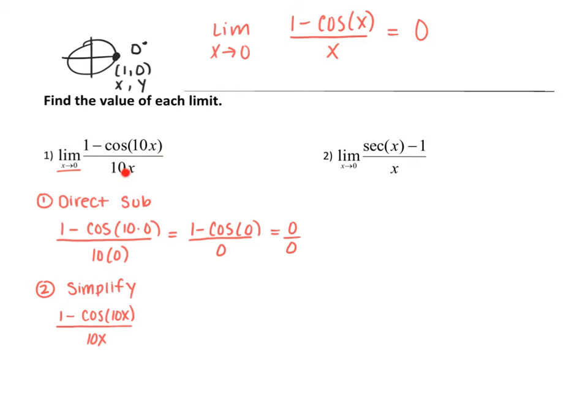So 10x over 10x, this limit is actually just going to be 0. So the limit is 0. No work necessary, because there's a 10x on top and a 10x on the bottom. So like I said, these x's need to be the same. No matter what it is, 10x, 12x, 13x, the answer will always be 0.